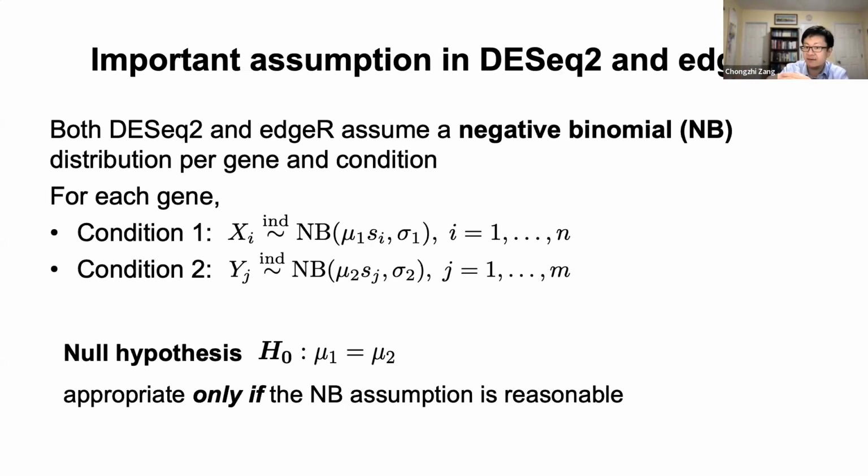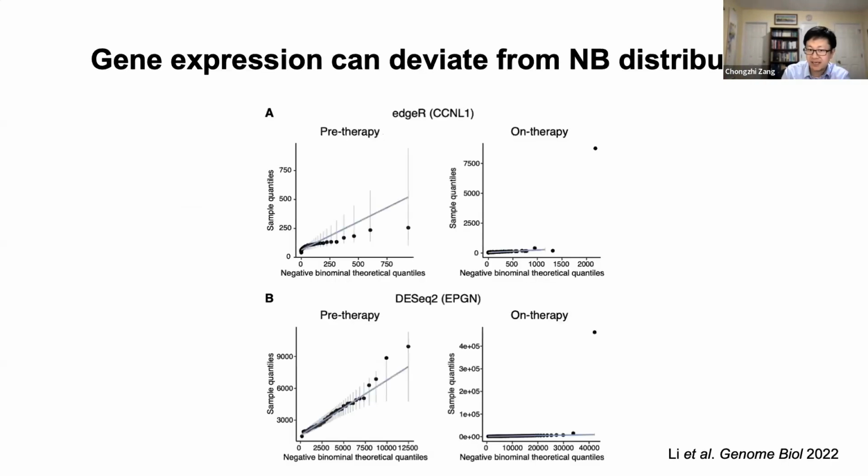In those cases, the negative binomial assumption can be true. But in a large population or patient sample, the gene expression across different individuals varies hugely.